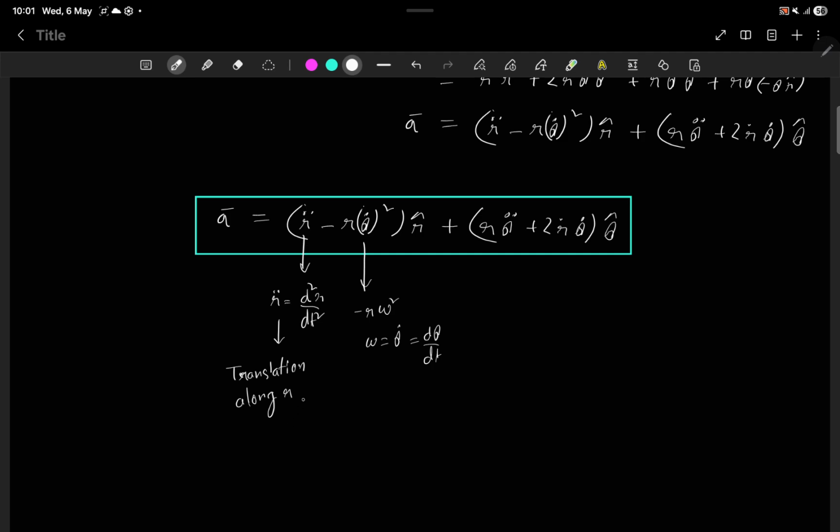Here what acceleration will we have? This one is the centrifugal or centripetal acceleration, or you can say radial acceleration, and it is in the radial direction, so these two are radial. What is this one? r alpha, because alpha is theta double dot. Alpha is the angular acceleration.